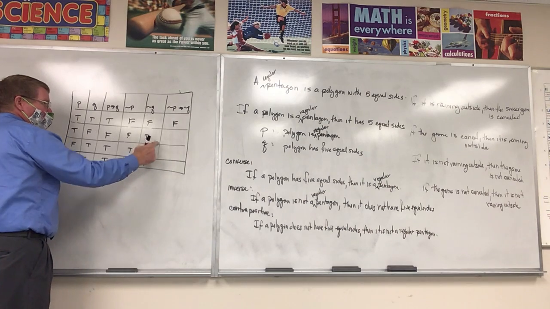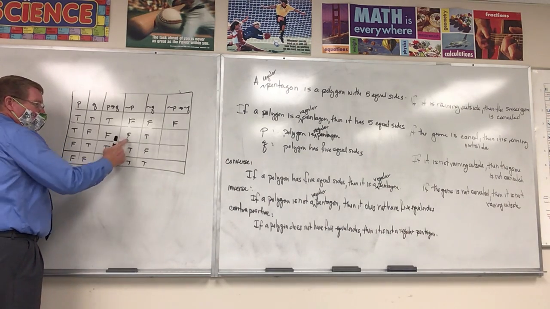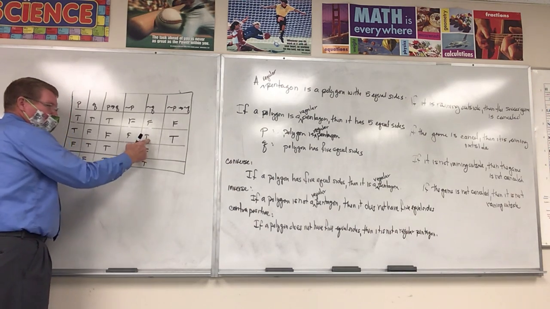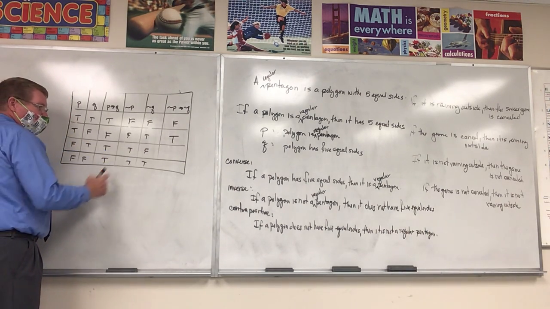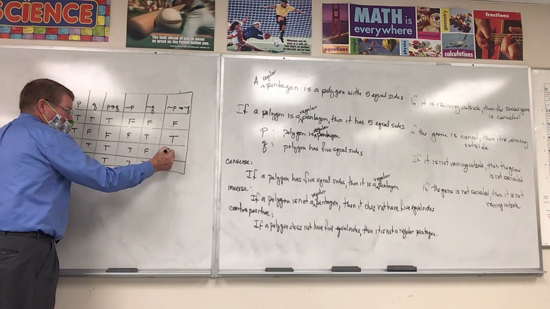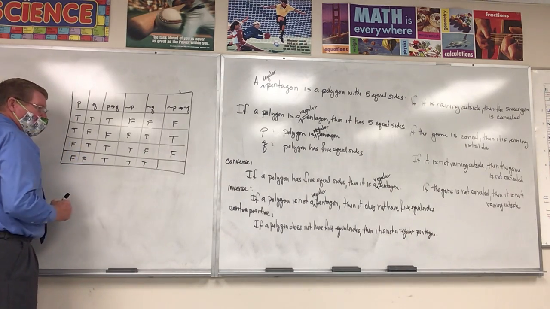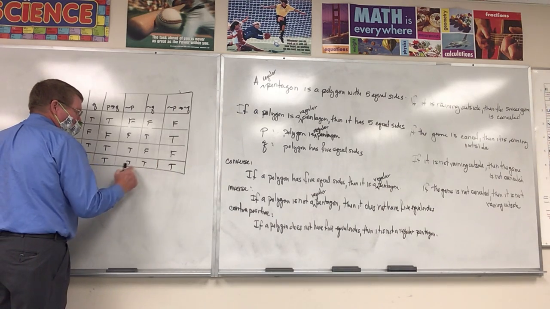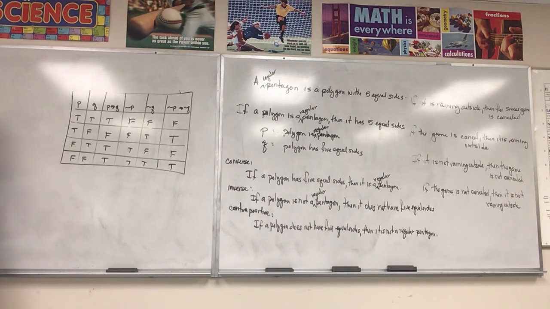False here. Here would be true, the conclusion is true. Here would be false, the conclusion is false. Here would be true, because the hypothesis and the conclusion are true.